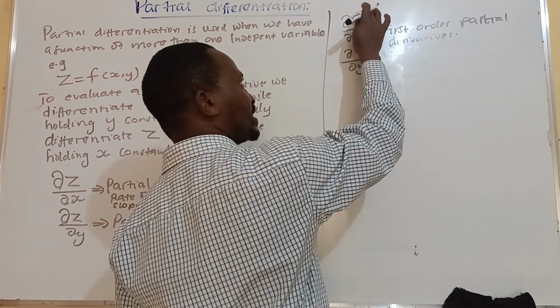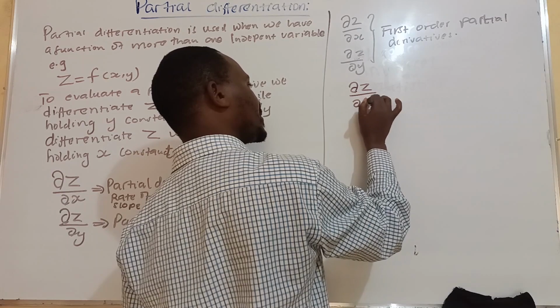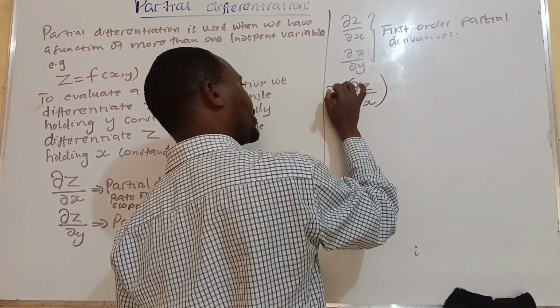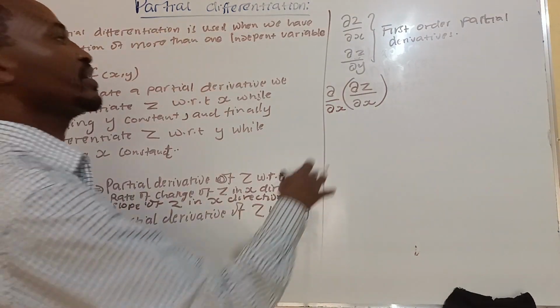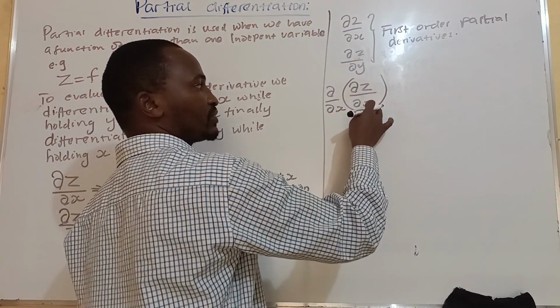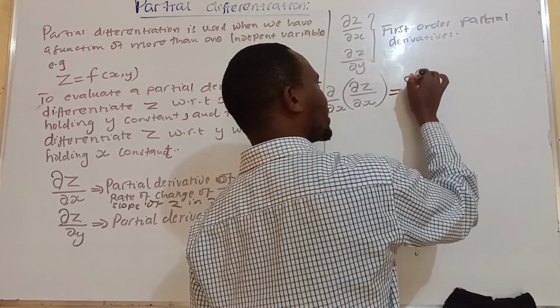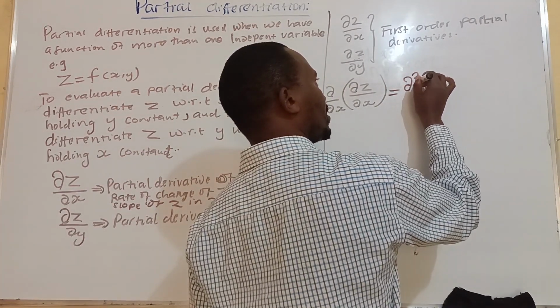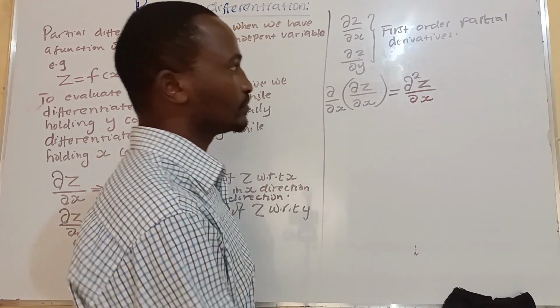Now suppose we take this first order partial derivative of z with respect to x, and now we differentiate it again with respect to x. This is called the second order partial derivative of z with respect to x.